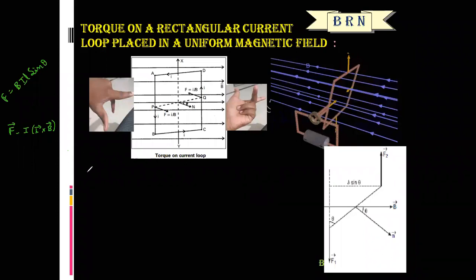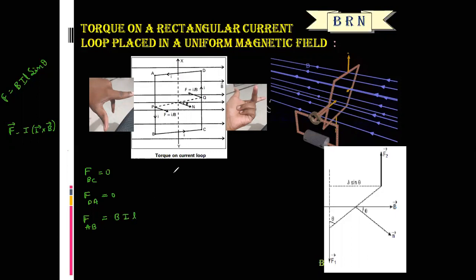Actually, here the force acting on the side BC, that is 0. Force acting on the side BA is also 0. And the force acting on the side AB is maximum, that is BIL.